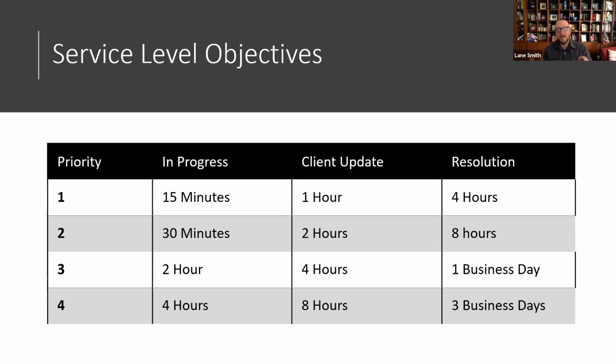And another thing that we want to look at is how did we define hours? Is it on a 24/7 basis or is it business hours? So for example, if priority four, let's say they send that email in at 4 p.m. and your objective is 4 business hours, well, you get an hour, and then the next morning you get 3 more hours.